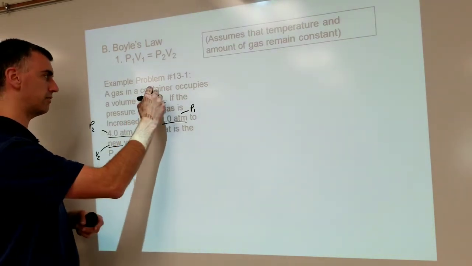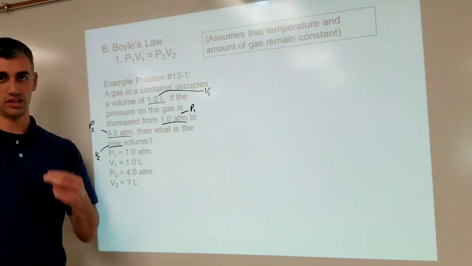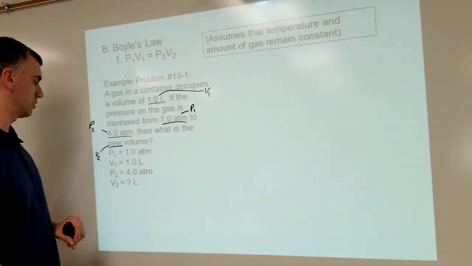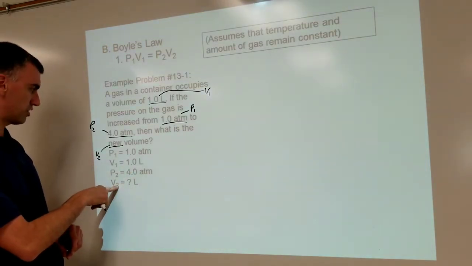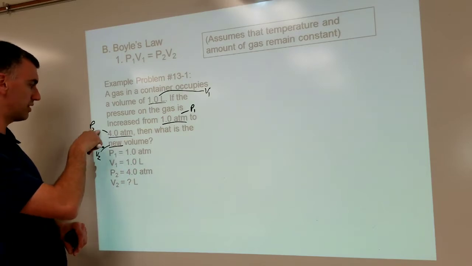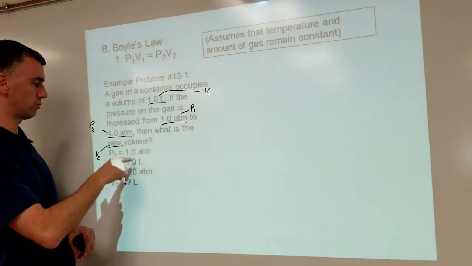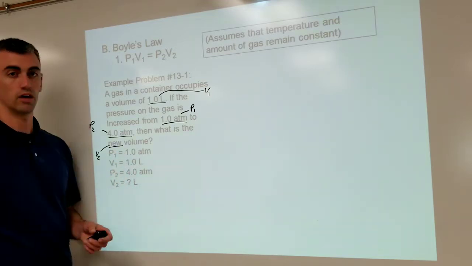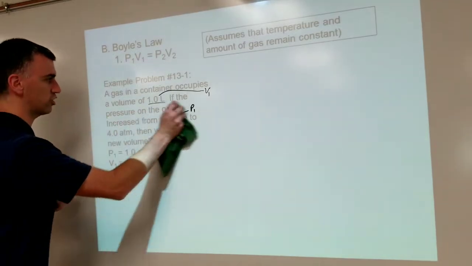So that's how I figure out that this is V1, because the new volume is V2. That's the reason why V2 is the question mark. P2 is 4.0 atmospheres, P1 is 1.0 atmosphere, and volume 1 is 1.0 liters.